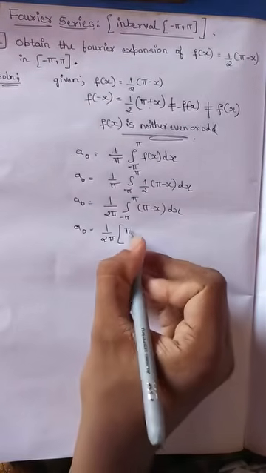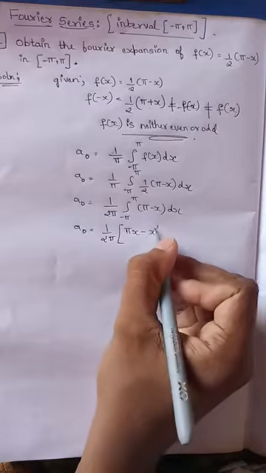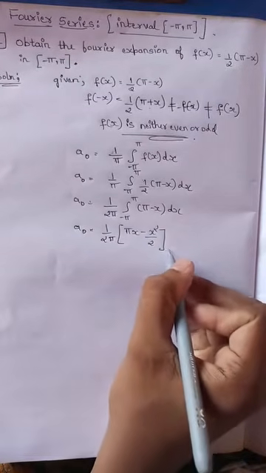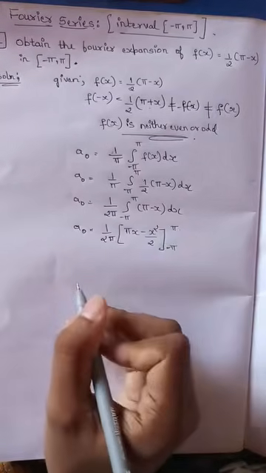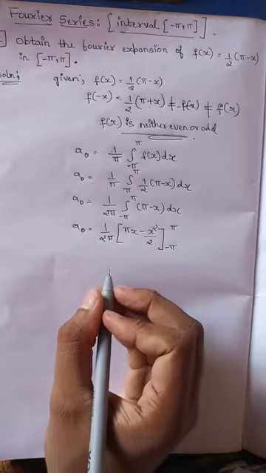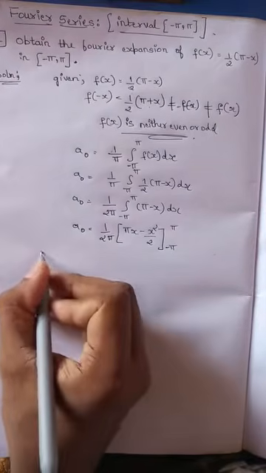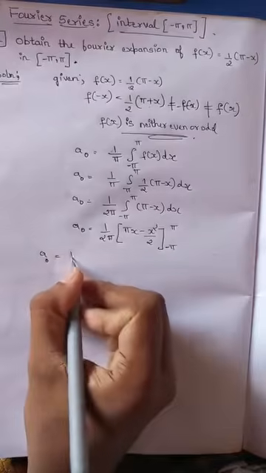So now integrate this function, that becomes pi x minus x square by 2 from the interval minus pi to pi. So now substitute the limits.